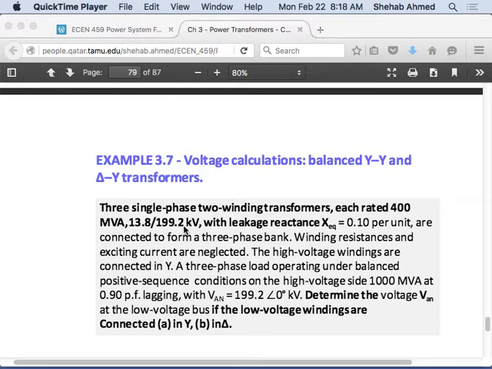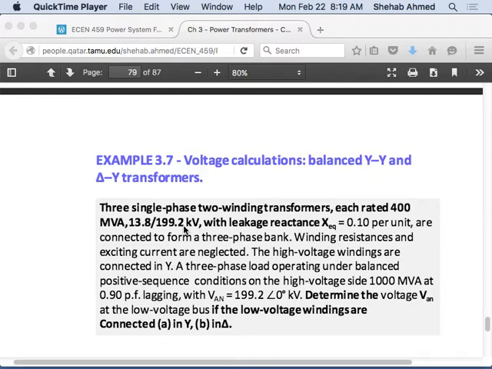You're going to take these 3 single phase transformers and connect them in star on the secondary side. So in that case, the phase voltage was 199.2, right? The line voltage would be 199.2 times square root of 3. So they chose the base on the high voltage side.